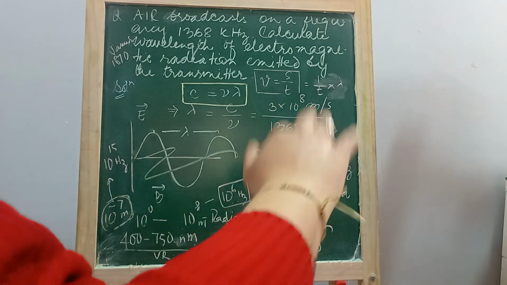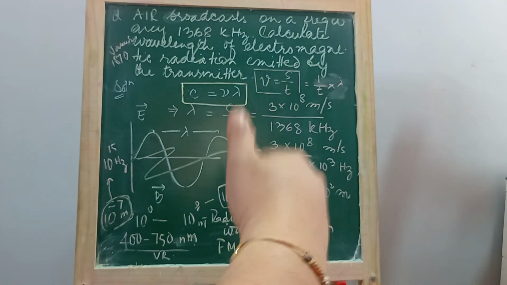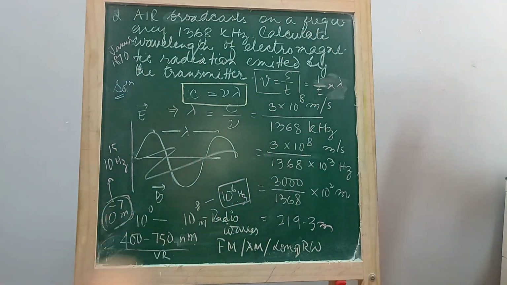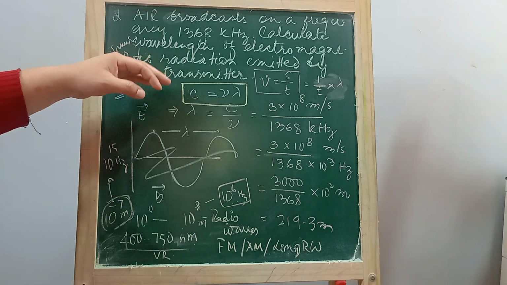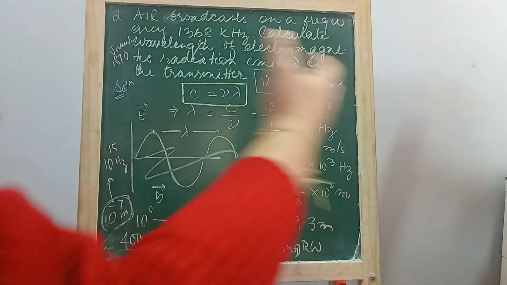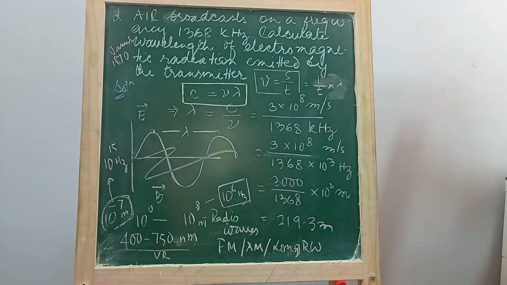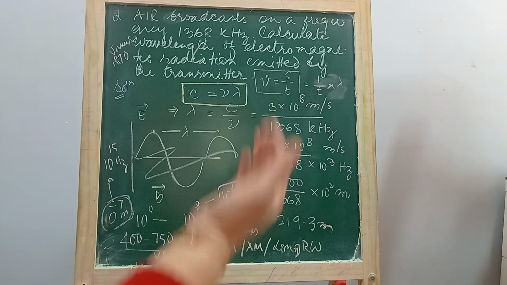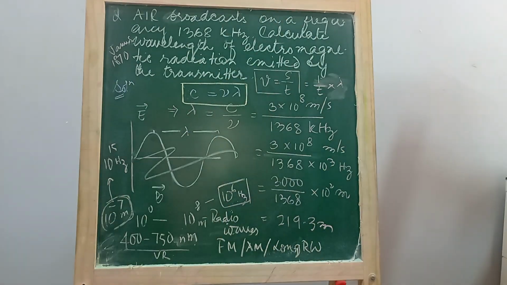So even if there's a transmitter on the moon and it transmits electromagnetic waves, it can be received on Earth, even though the space between moon and Earth is a kind of vacuum. There's nothing there, not even air. Still it can reach Earth from the moon.